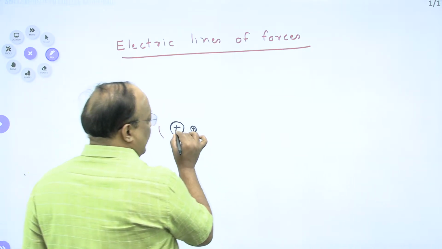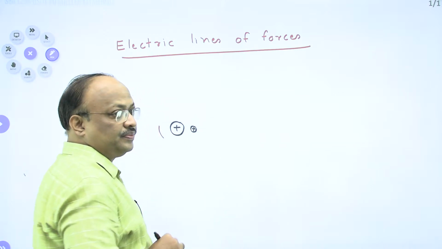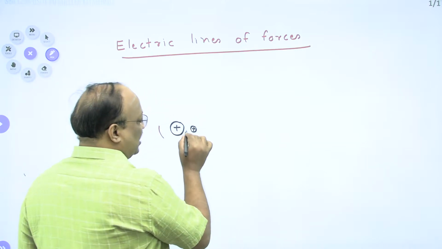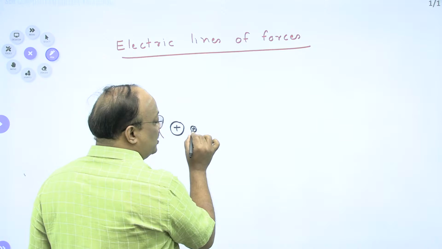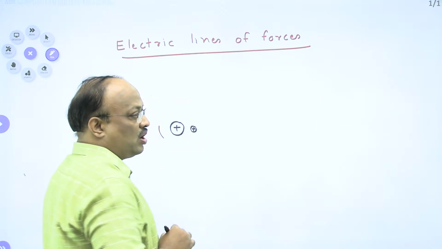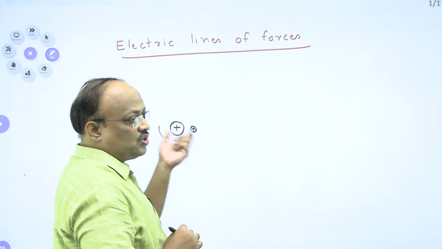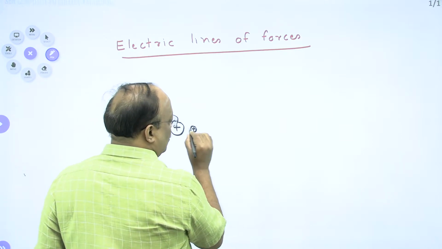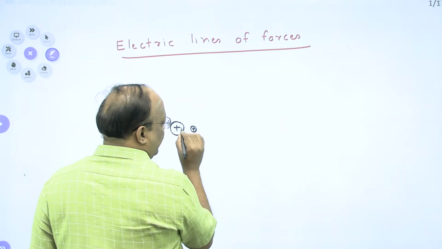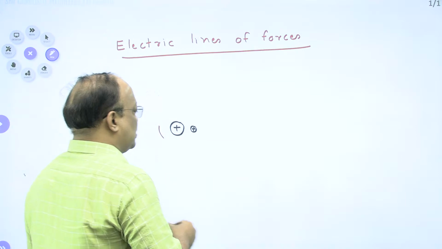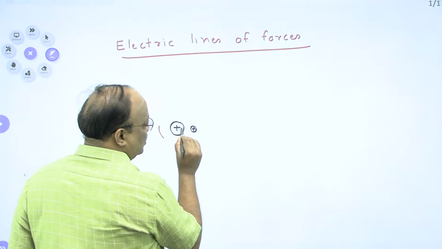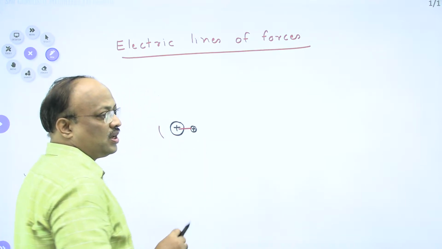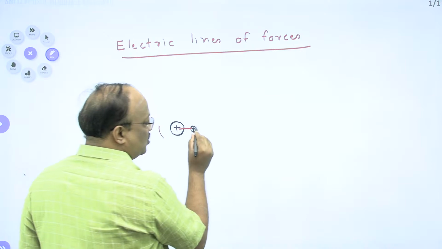If you leave it here, what path does this positive charge take? It will be repelled. This is the line joining the two charges, positive charge and positive charge.